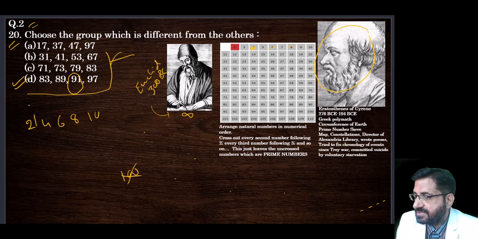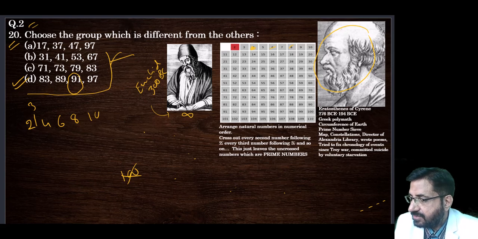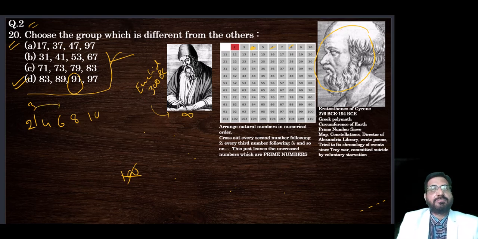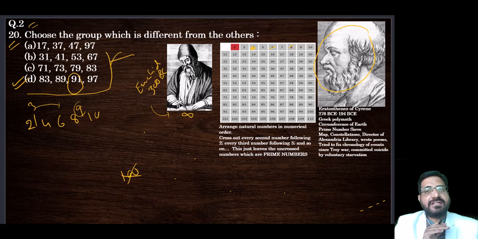Then remains 3. 3 is a prime number, and go on cancelling the multiples of 3. 6 is already cancelled, and 9 you have to cancel. Then the next prime number is what?